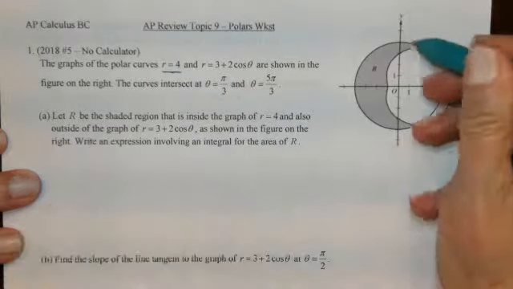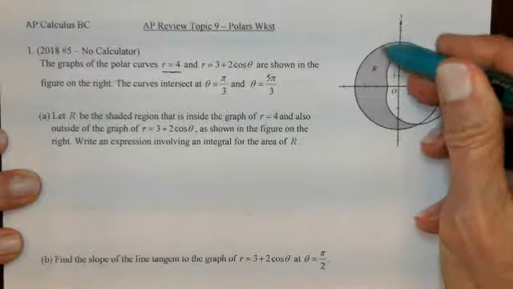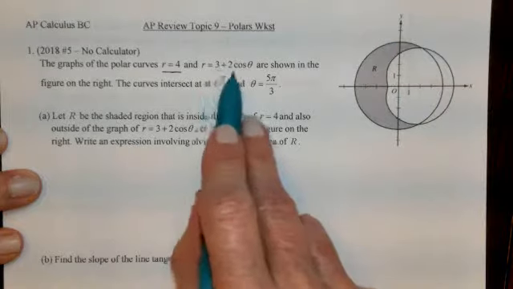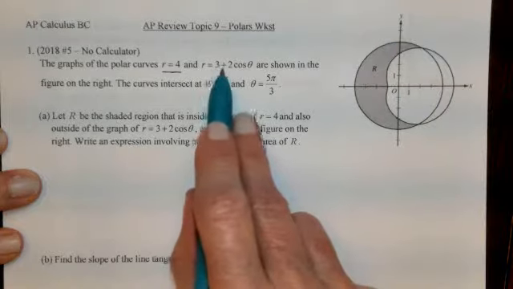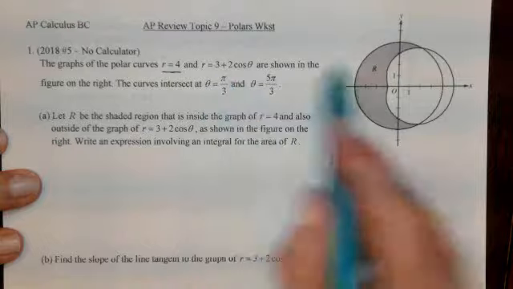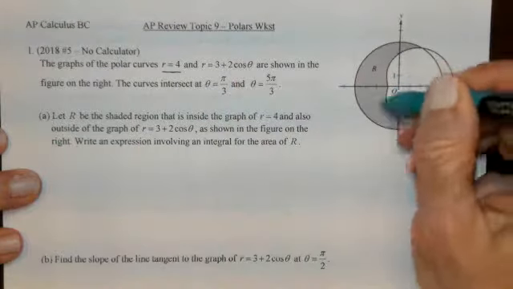So find that circle centered at the origin. This is r equals 4. The other one is a limacon with no loop, bumped out on the positive x-axis because I see the positive cosine.